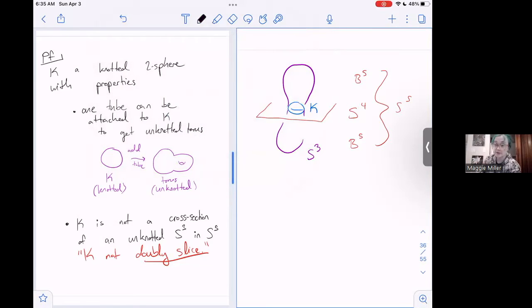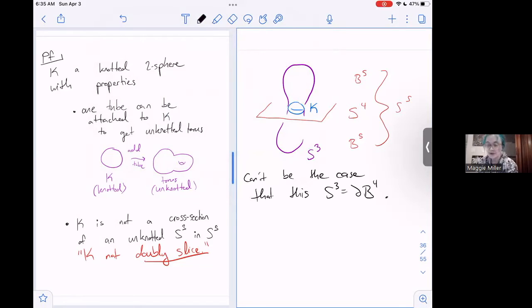Because K is the middle cross section, I have to know that it can't be the case that this S3 is the boundary of a 4-ball smoothly embedded in S5.